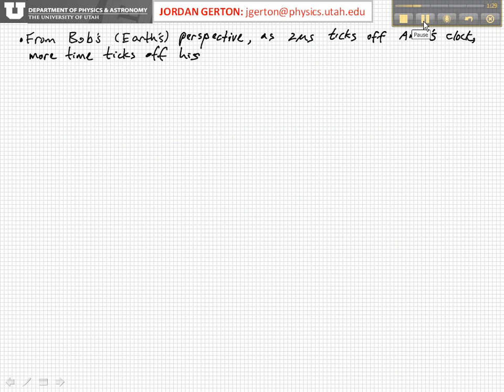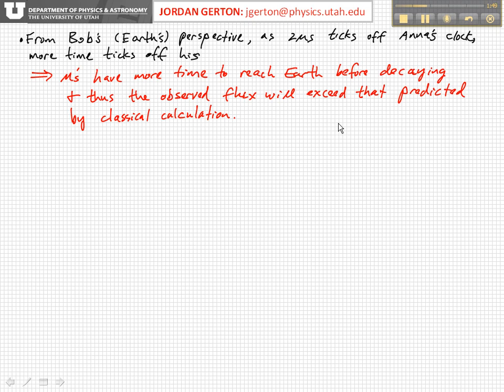So again, from Bob's point of view, from the perspective of the Earth, as 2 microseconds tick off Anna's clock in the rest frame of the muon, more time ticks off Bob's clock. So in the rest frame of the Earth, the muons have additional time.